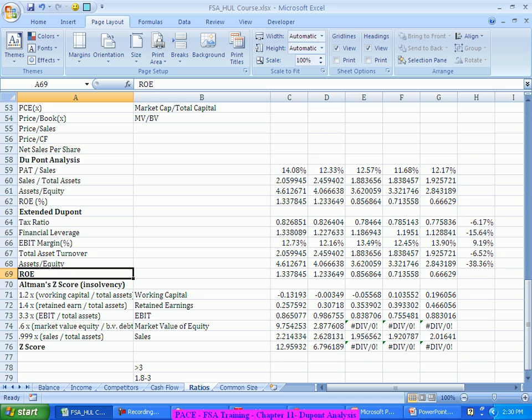So earlier your assets as a percentage of equity were much higher. Now they have dropped. So you have to look at building up those, because the drop in all of these has resulted in a final drop in the ROE.